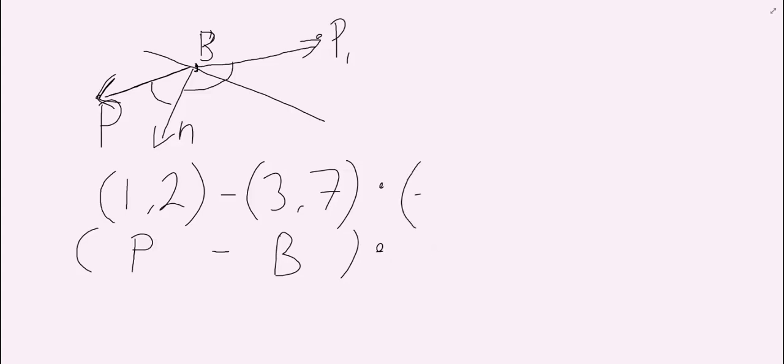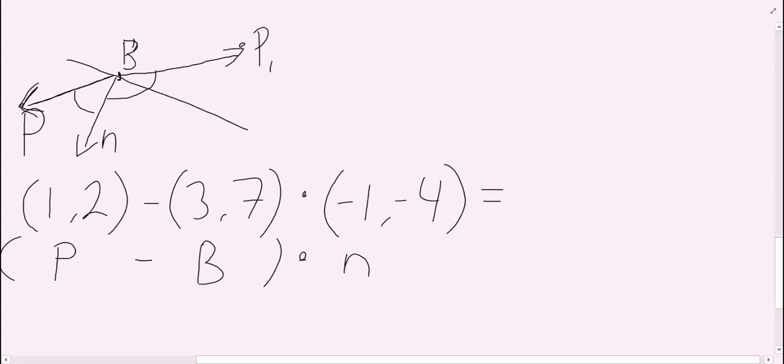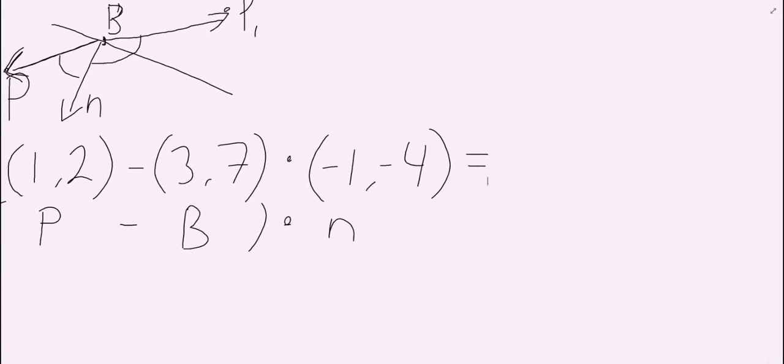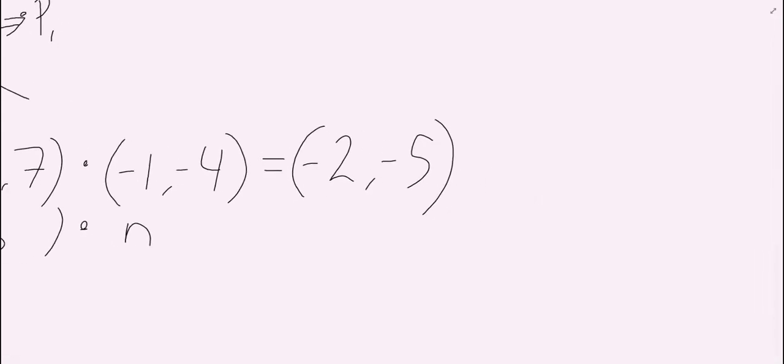This equals, let's move it a little bit to the side, 1 minus 3, that's minus 2, 2 minus 7, that's minus 5, dot minus 1, minus 4.